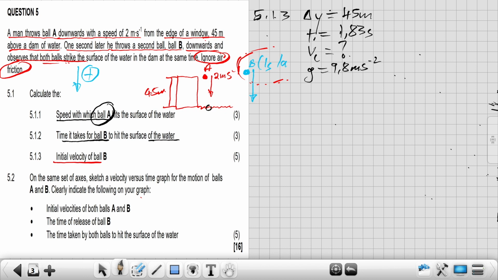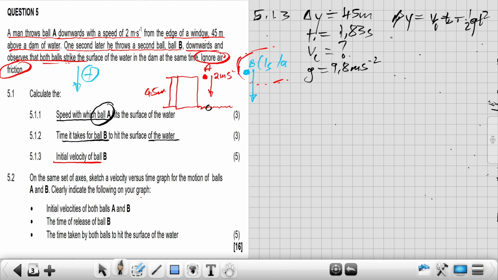So when I go to my formula sheet, it will be easy for me to say, can I use delta Y equals V initial T plus half G T squared. Everything in this case must be positive because delta Y is downwards, G is also downwards, and my time will always be positive.